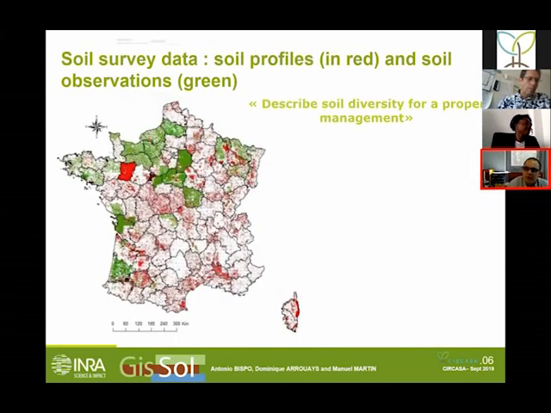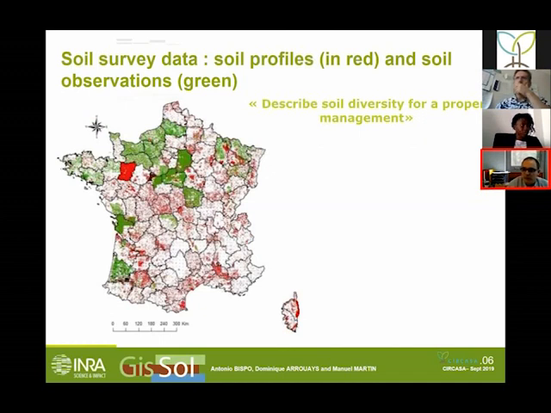So the first one is the soil survey program, and in the map you can see green points and red points. Red points are the soil profiles, meaning that we have data on soil at those points up to more or less 1 meter.